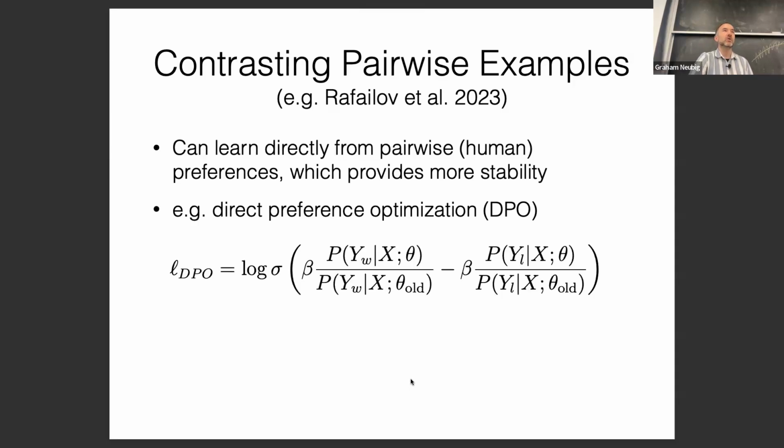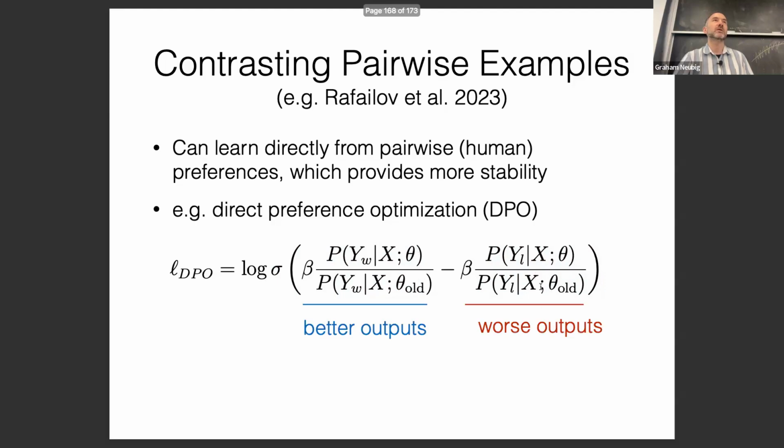And the way DPO works is basically it calculates the log of the sigmoid of the probability ratio of a winning output minus the probability ratio of a losing output. So you want to increase the probability ratio of the winning output, and decrease the probability ratio of the losing output.